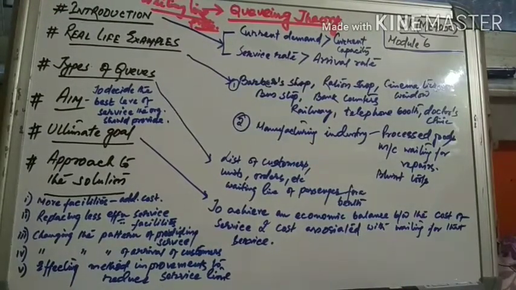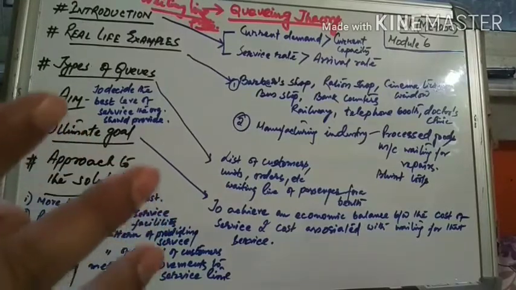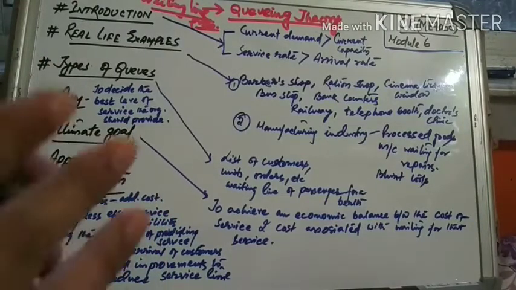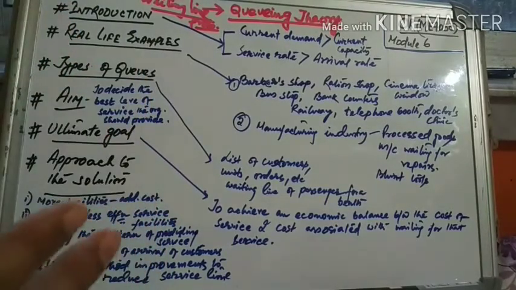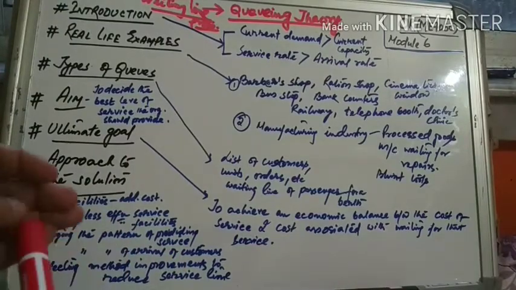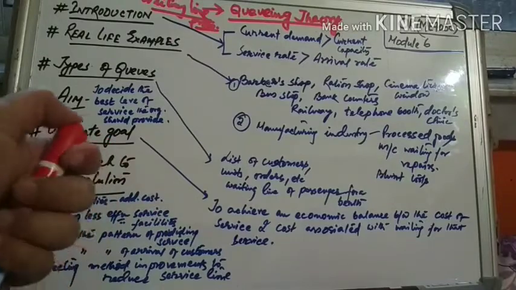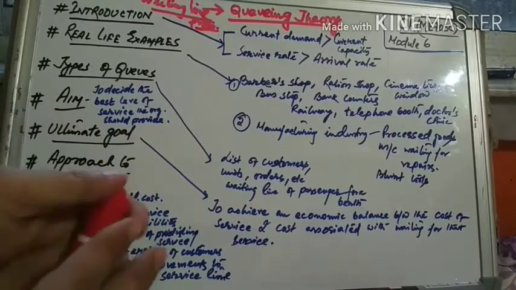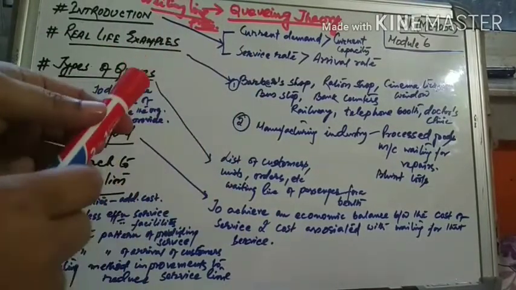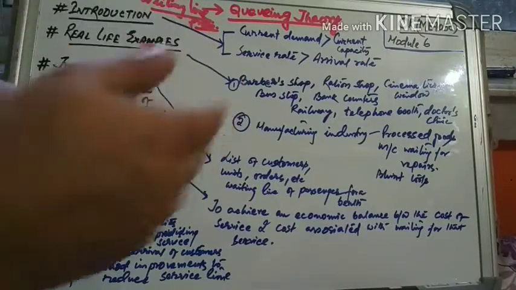So let us start with some basic introduction, background, and examples. What does queuing theory, or what do these waiting line problems, generally deal with? In the introduction part, you are already accustomed to the term queue. Queue means a waiting line.